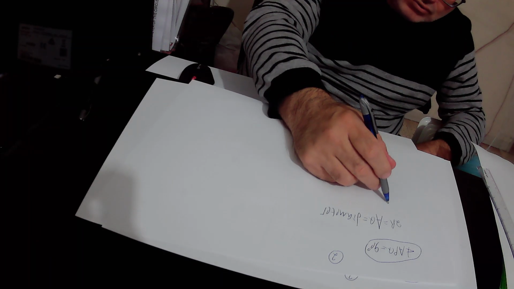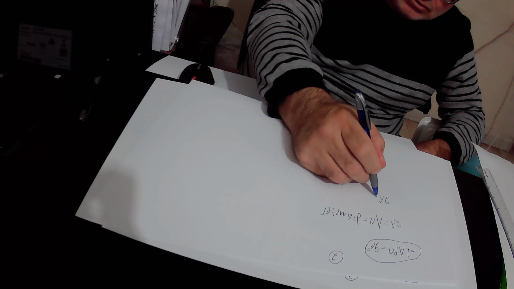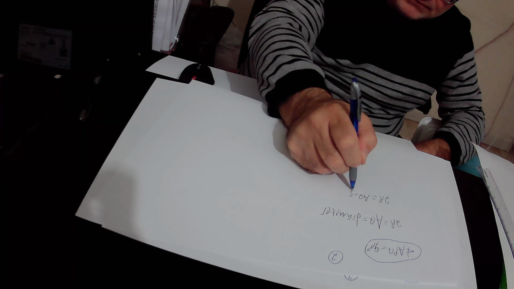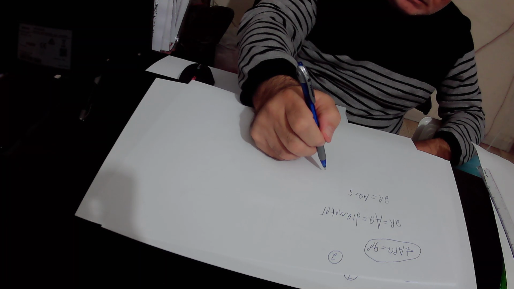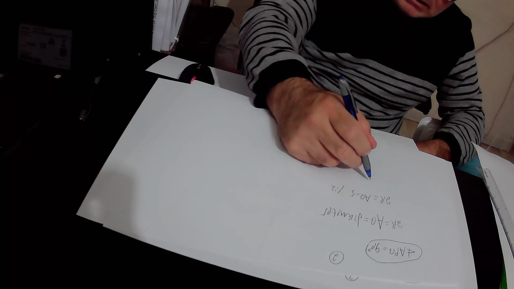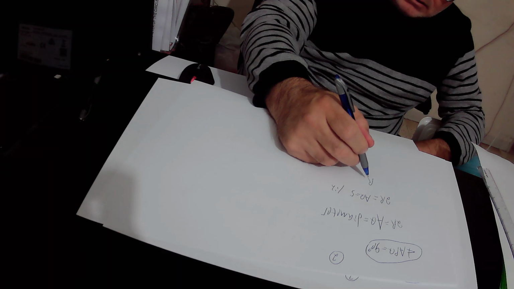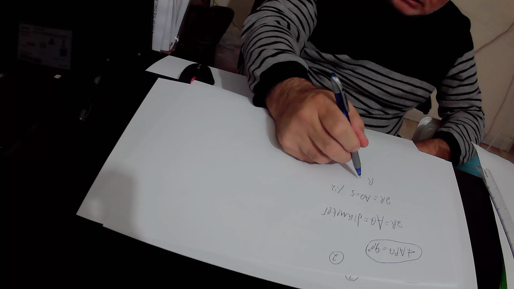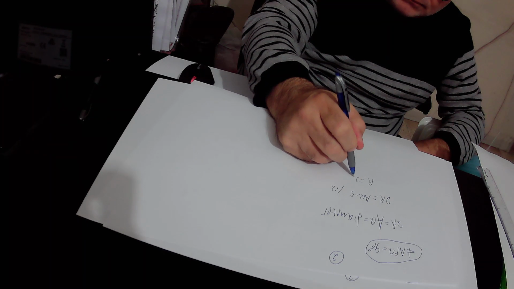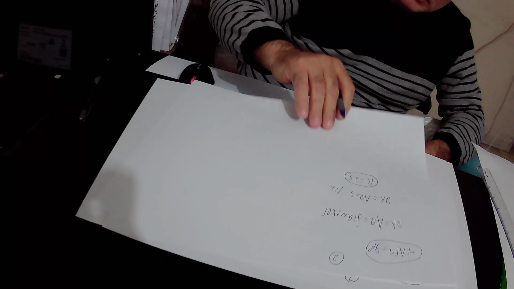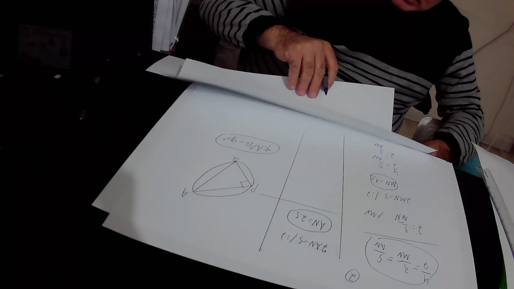So 2r equals AQ, that is equal to 5. We divide this equation by 2 and we get that r equals AQ over 2, 5 over 2, that is 2.5. The radius of the circle equals 2.5 units.